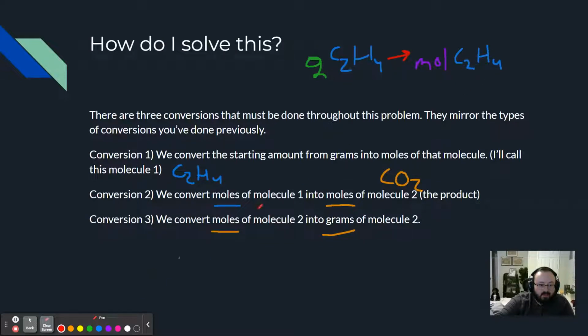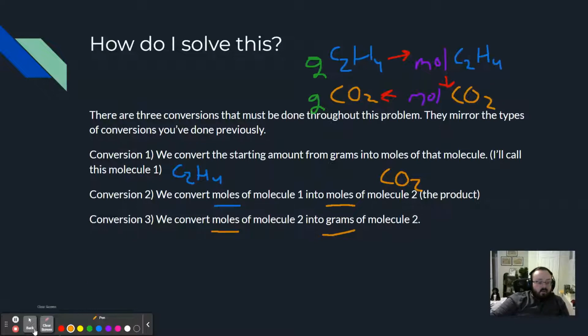We're then taking that amount, converting that into moles of our CO2, and then we're taking that amount and converting it into grams of CO2. That's what we're doing here. So you can see the 3 types of reactions: grams to moles, moles to another type of moles, moles to grams. And here we go.